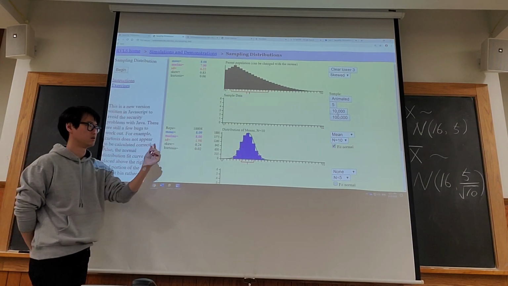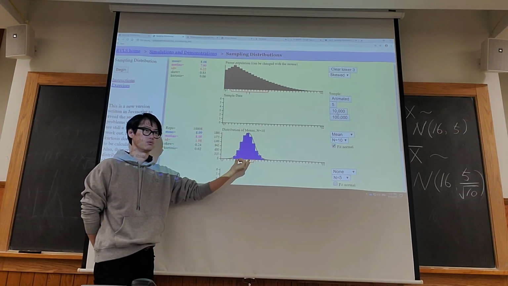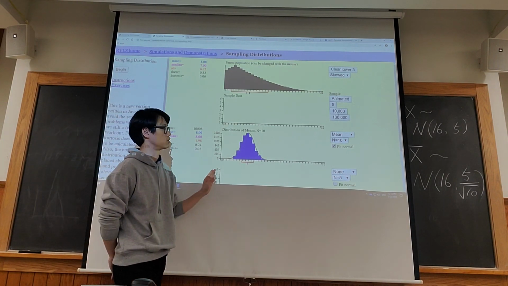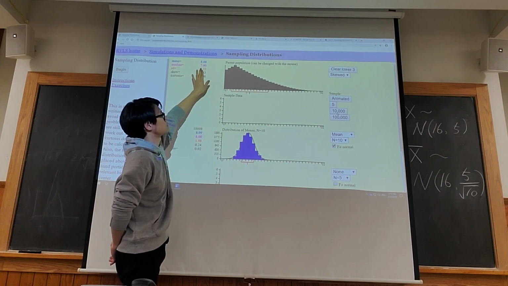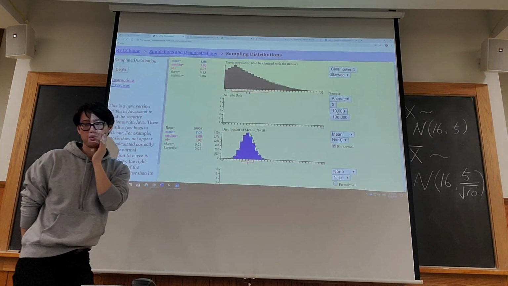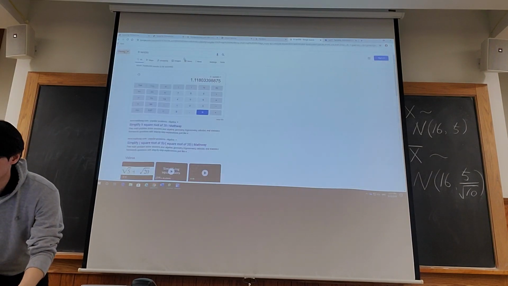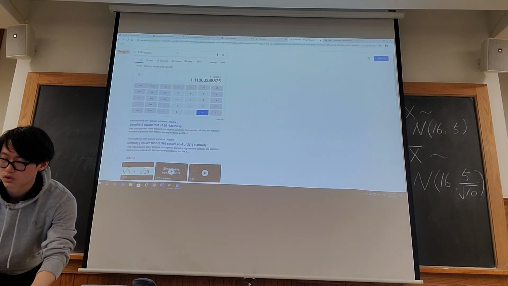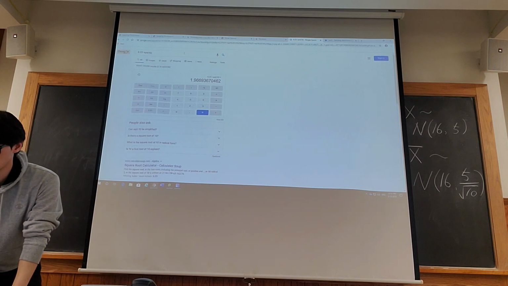And what is the standard deviation of this one? It will be sigma over square root of 10. So we have sigma is 6.22. So 6.22 divided by square root of n. 6.22 divided by square root of 10 will be 1.96.